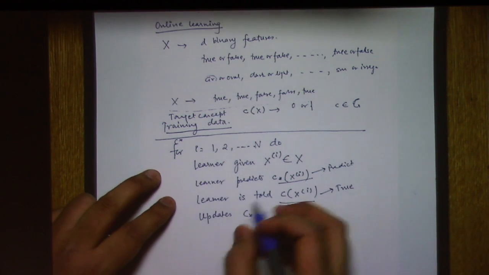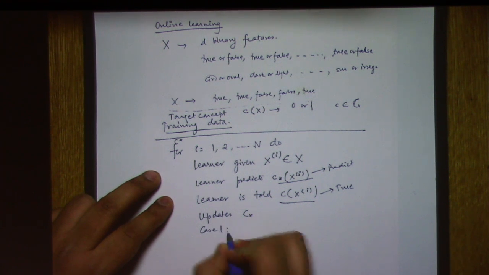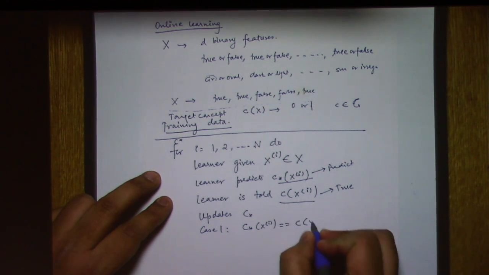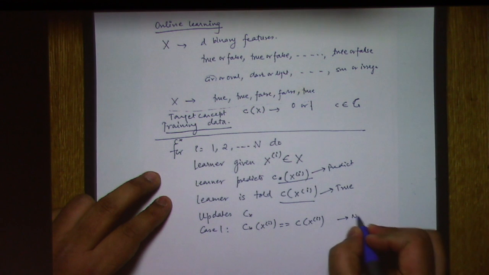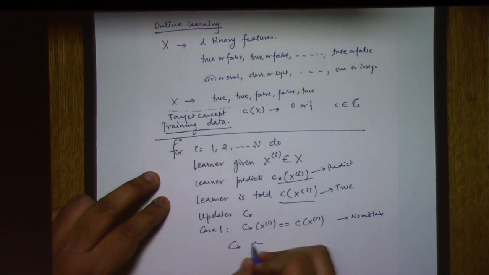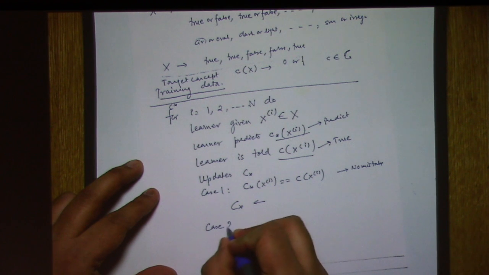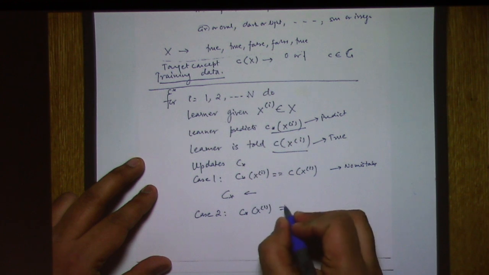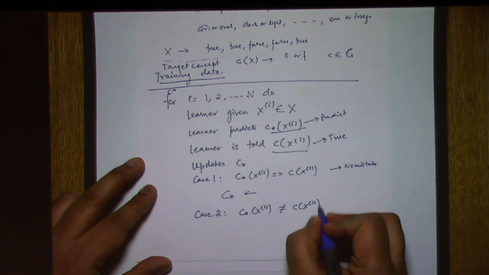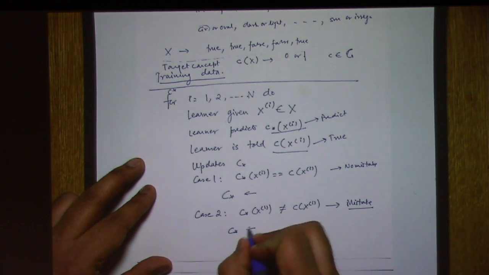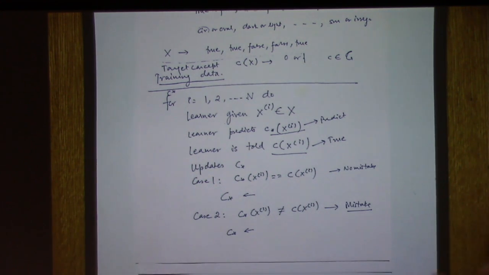Case one is C star of x of i is equal to C of x of i, which means there is no mistake, and the algorithm has some way to update its C star. Maybe it doesn't do anything, or it does something specific to the algorithm. The second case is that C star of x of i is not equal to C of x of i, which means it made a mistake. And it will keep doing that until the training data is exhausted.